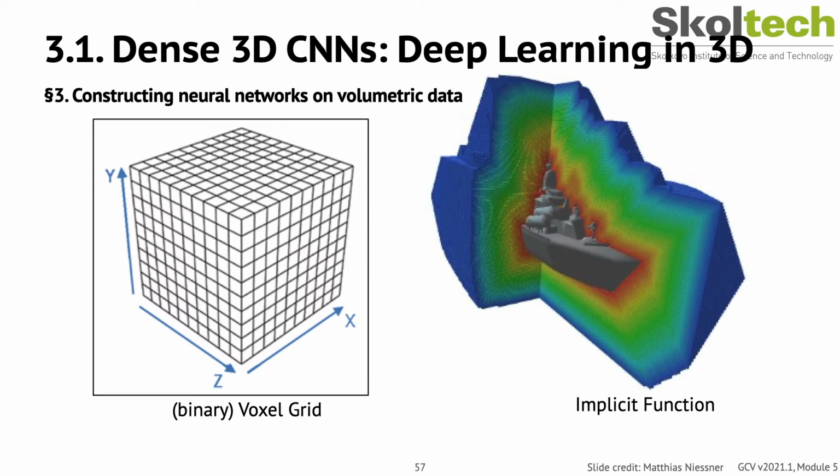Of course, the two most commonly used representations in 3D deep learning are occupancy grids, the binary ones, and also the implicit function that is also defined on the voxel grid. For example, the TSDF is an attractive option here, and a lot of networks just use that.